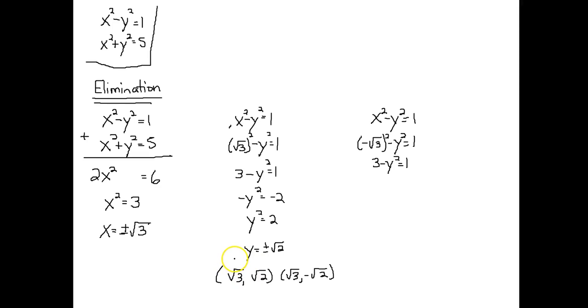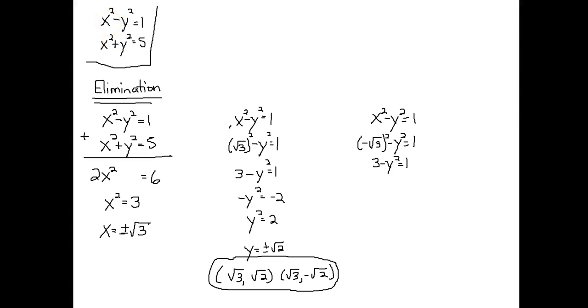So then you just have 2 solutions. So however these two look when they intersect, they're only going to intersect in 2 points, and it's going to be these 2 points. All right. And you can check that if you want. You know, square root of 3 squared is 3, square root of 2 squared is 2. So as soon as you do that, you're going to have 3.